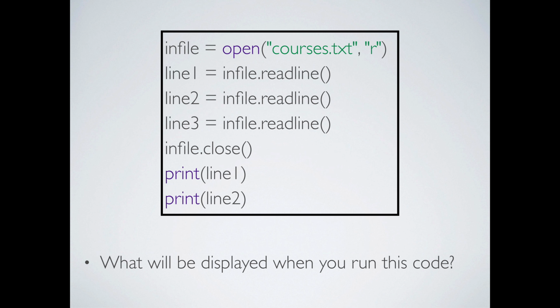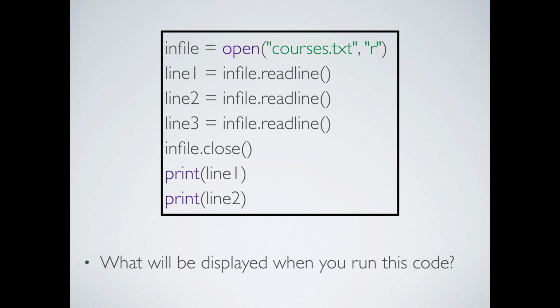Alright, so go ahead and edit your code from the previous example to look like this instead. And go ahead and run it and come back. Now, looking at this code, we're still doing open for reading. The only difference here is instead of using infile.read to read the entire file contents at once, we're doing infile.readLine a couple of times.